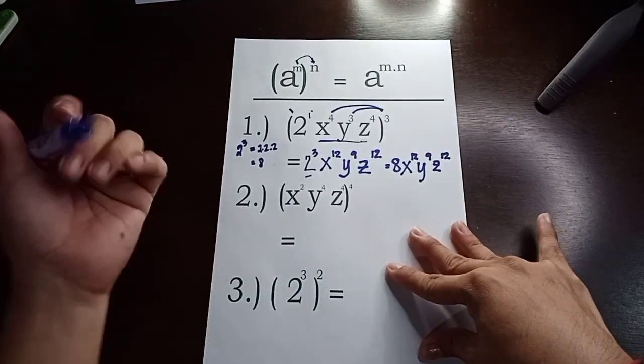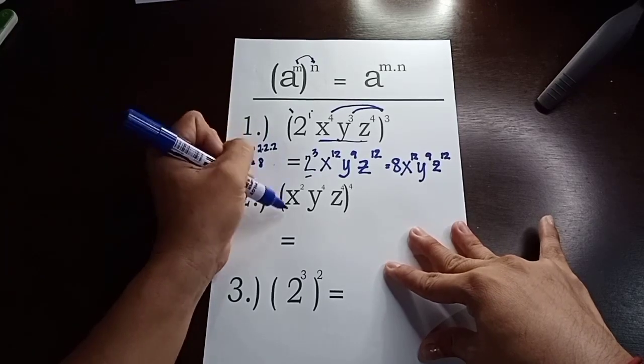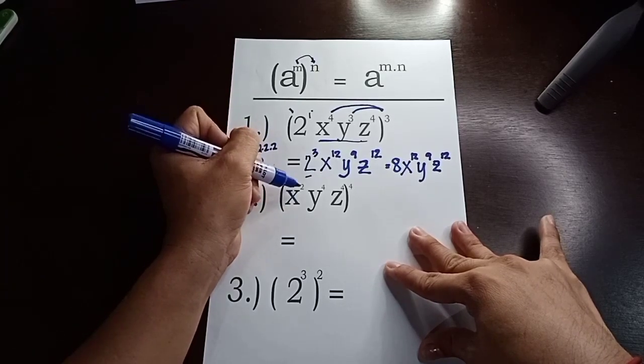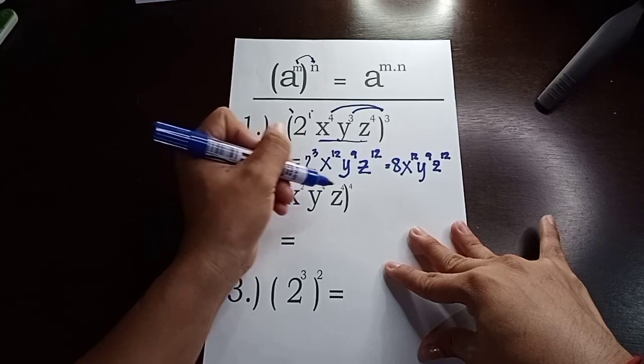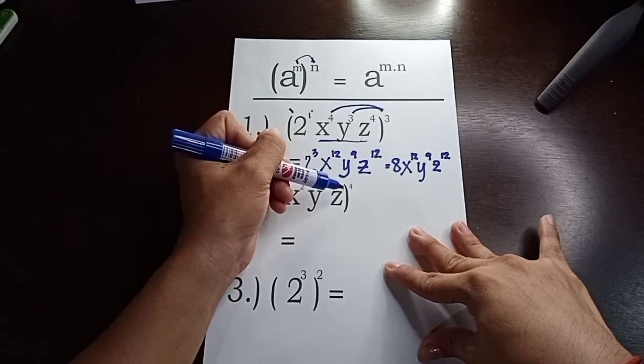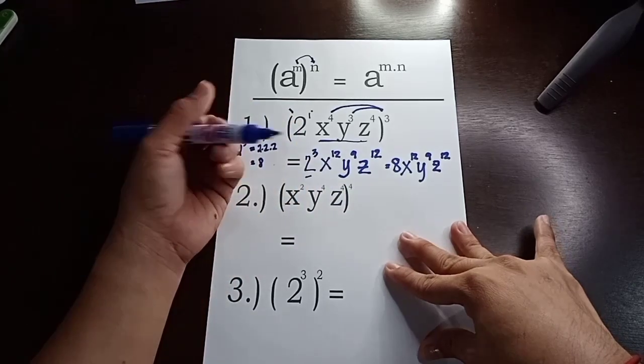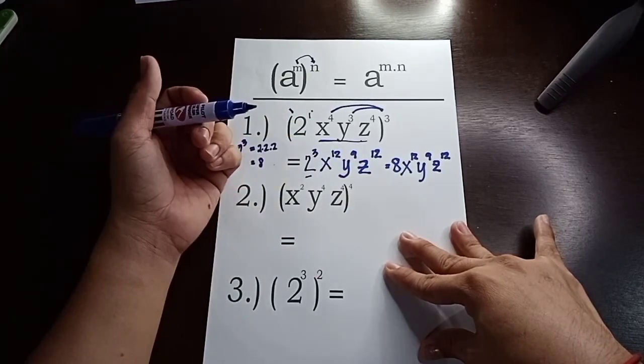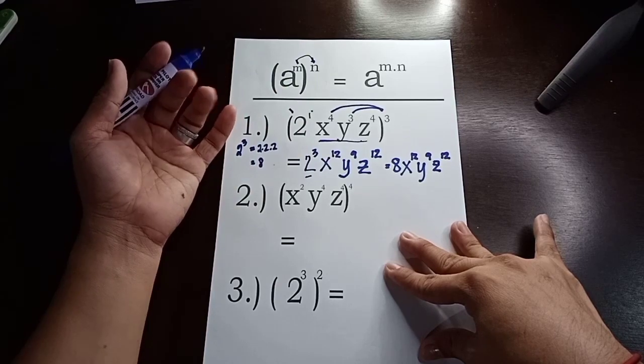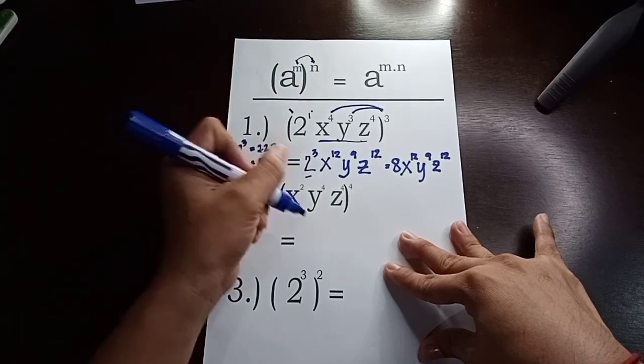Our next example, open parenthesis x raised to 2, y raised to 4, and z raised to 4, close parenthesis raised to 4. So again, i-multiply lang po natin yung exponents or powers to powers.